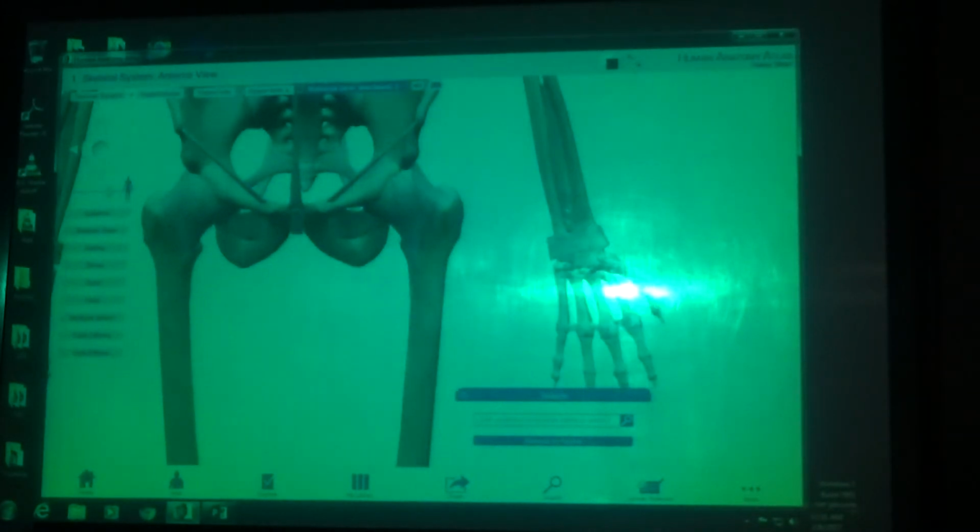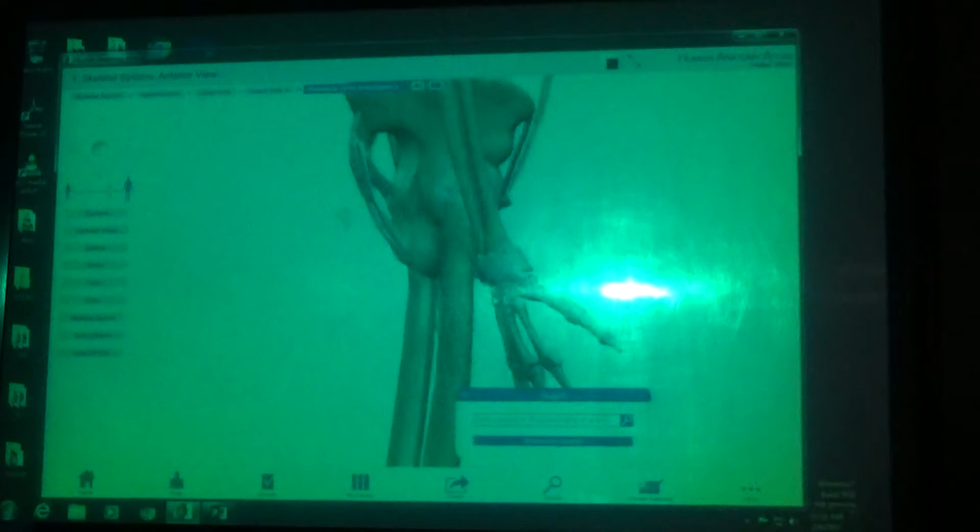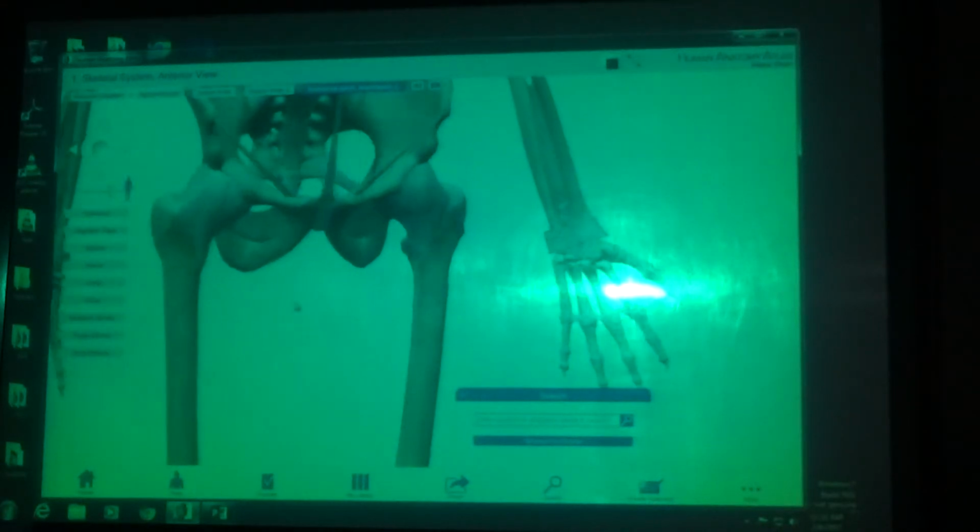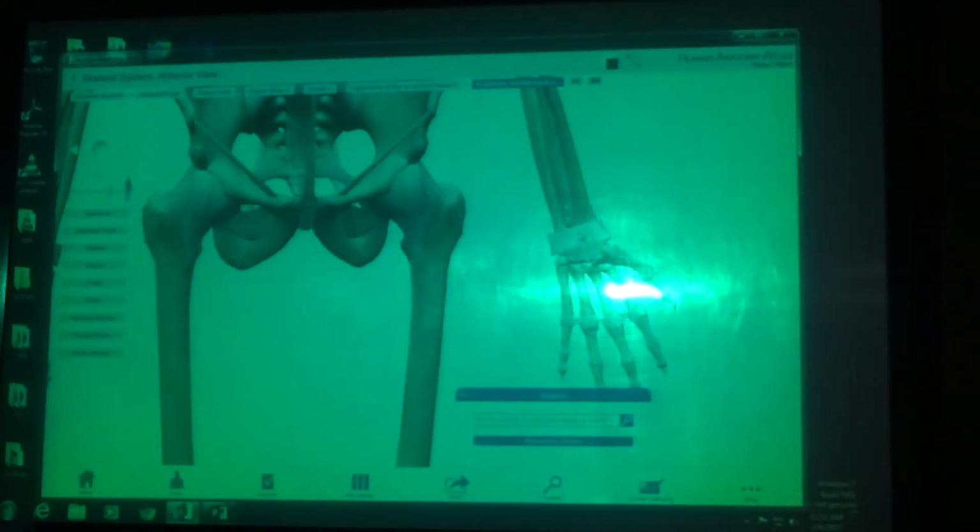Very good. How can I delete this? Fade, hide.